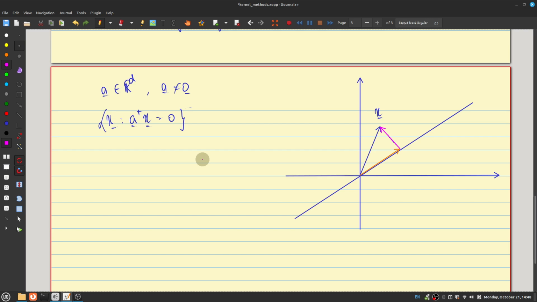So what would be the direction that is orthogonal to this particular hyperplane? Effectively these are two directions. Is it parallel to A or anti-parallel?